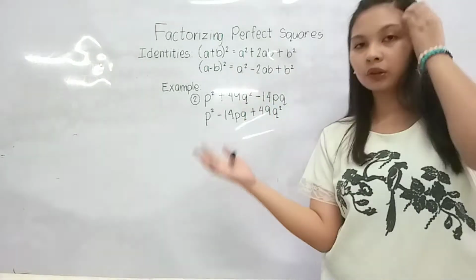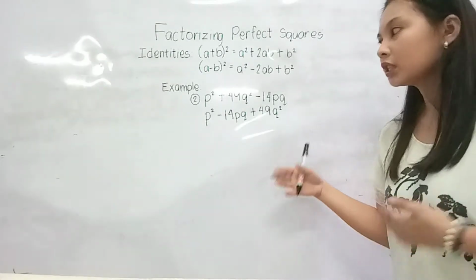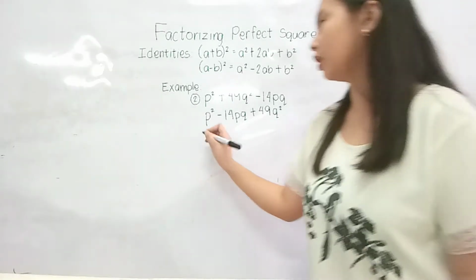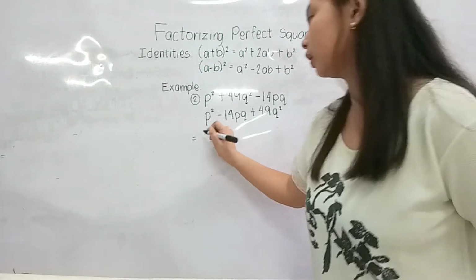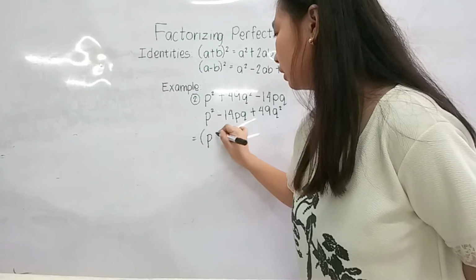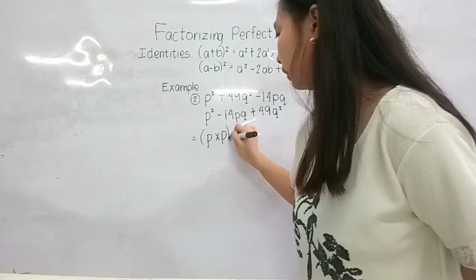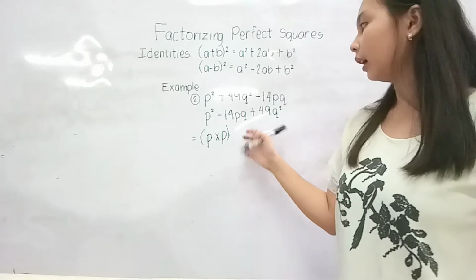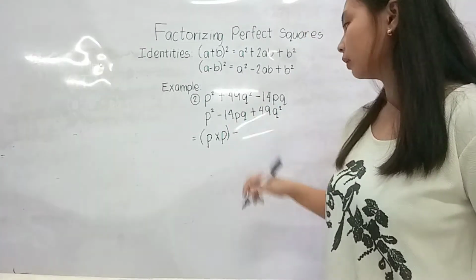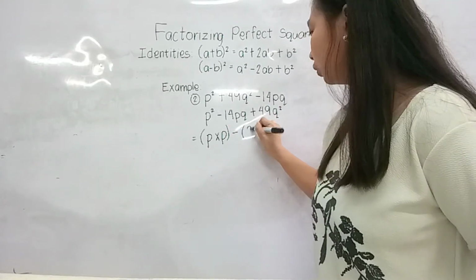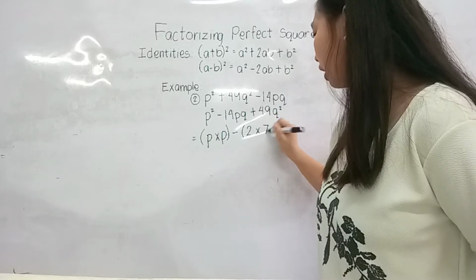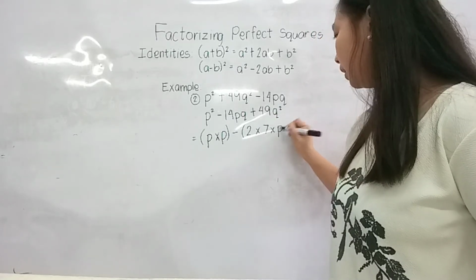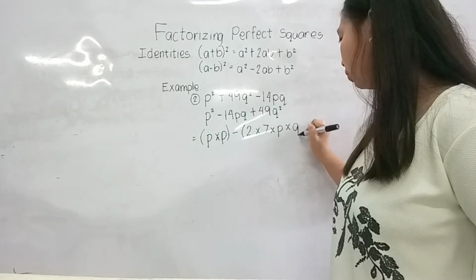Katulad ng ginawa natin dun sa first example, list down natin yung mga factors nila. Si p squared is we will have p times p. And then, minus tayo. Si 14, we have 2 times 7 times p times q.